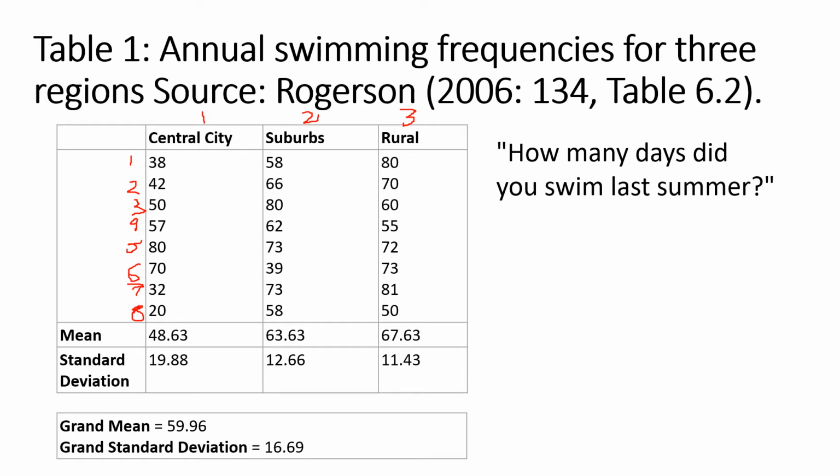And so our null hypothesis is going to be that basically these 3 means are essentially equal to each other. So did everybody swim about the same amount in each of the 3 kinds of locations, right? And then he's also calculated standard deviation for us. So for central city, it's 19.88 days. For suburbs, it's 12.66 days. And for rural areas, it's 11.43 days.